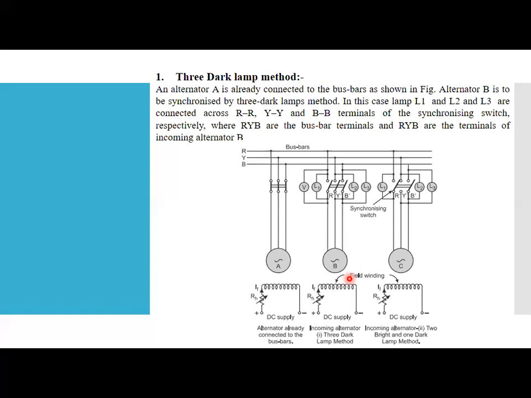The alternator phases are denoted by R dash, Y dash, B dash, and the bus bar phases are R, Y, B. So lamp 1 is connected with one terminal to the bus bar R and the other terminal to the alternator R dash. In the same way, lamp 2 is connected with the Y phase of the bus bar and Y dash of the alternator, and lamp 3 with the B phase of the bus bar and B dash of the alternator.